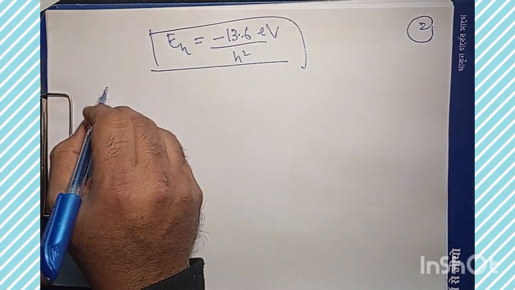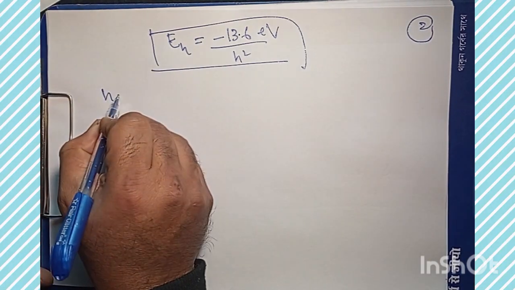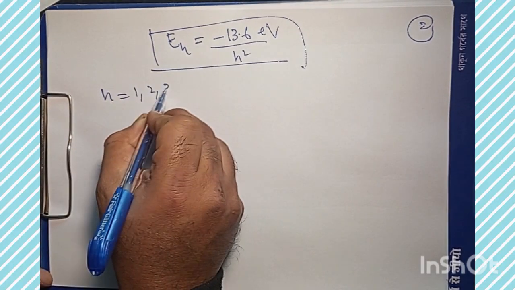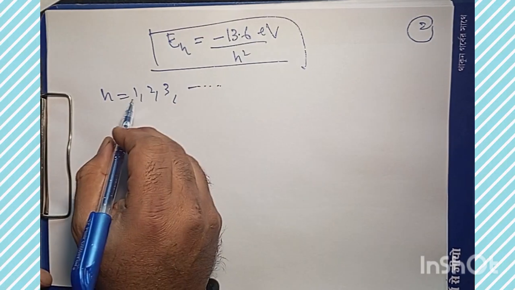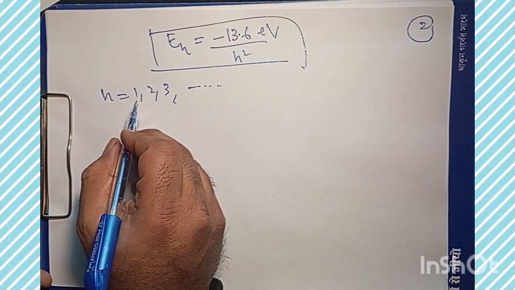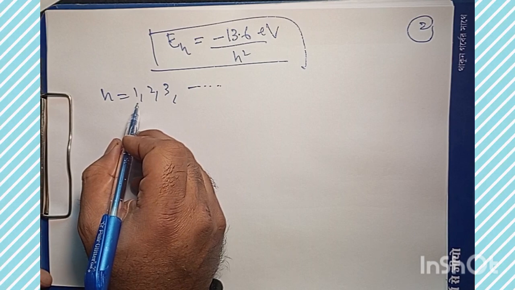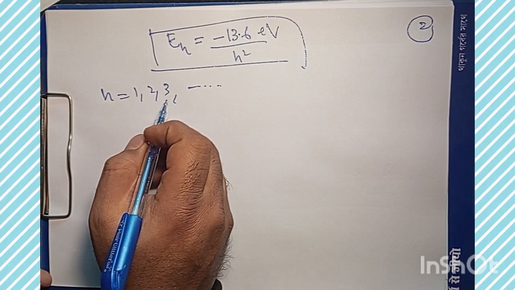Here n is an integer: 1, 2, 3, and so on, referring to the first level, second level, third level.